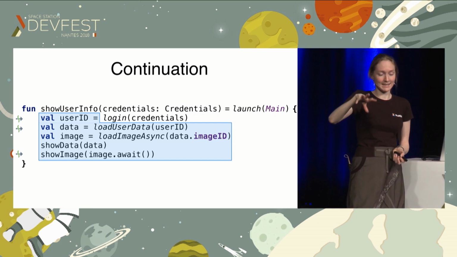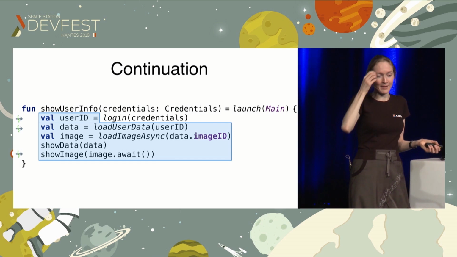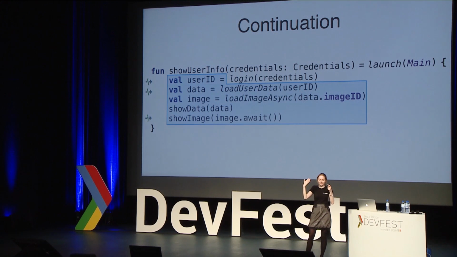When I suspend the function here, the computation is stored somewhere: the continuation object is stored, and it contains all the information about the exact point where we stopped, where we suspended this computation.